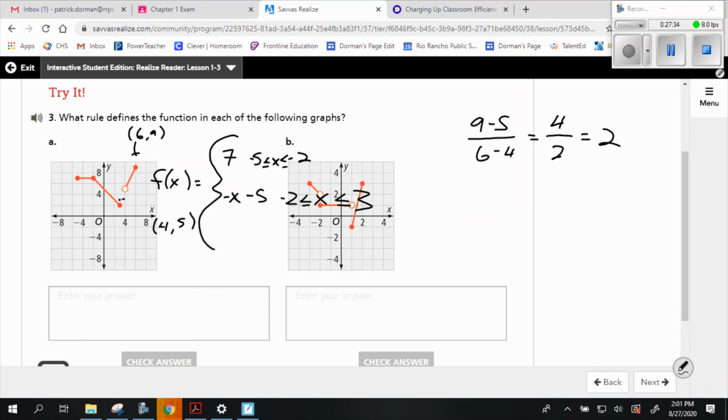Looks like it's got a y-intercept at -3. So 2x minus 3, and that is going to be for values from x equals 4, not including 4 because that is an open circle, all the way up to 5. Sorry, that is looking kind of messy. There you have it. All right, I'll have you guys do the try it letter B on your own.